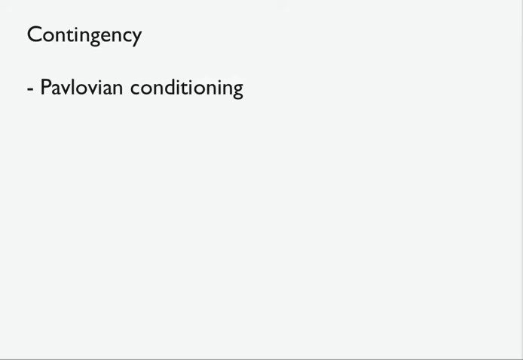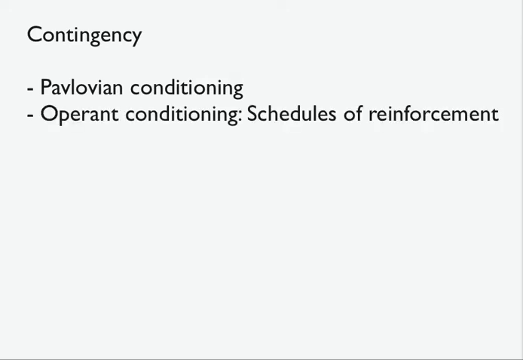in Pavlovian conditioning. But when we're talking about operant conditioning, the situation gets a little bit more complicated, because now we're not only talking about when things are presented, but when things are presented as a consequence of behavior.